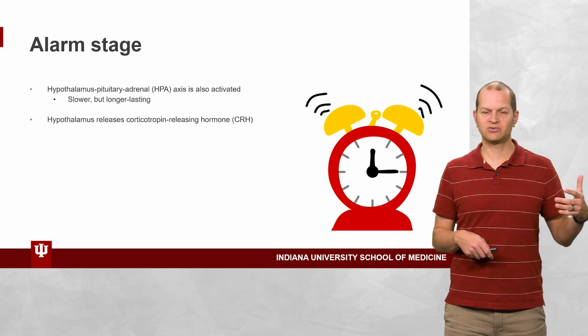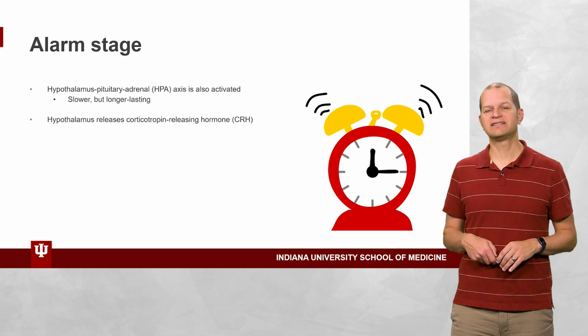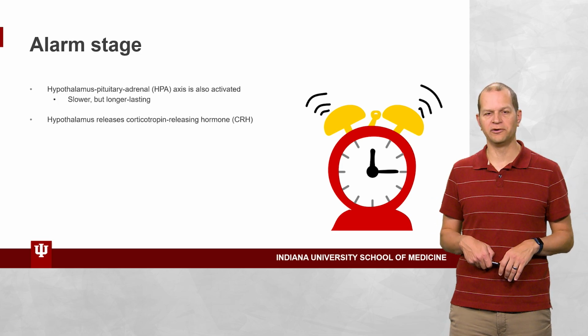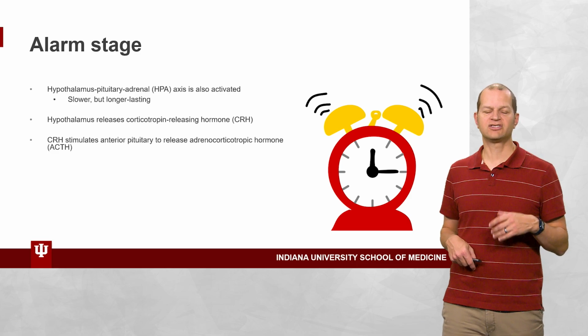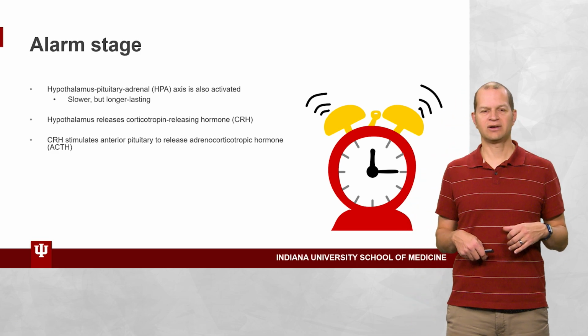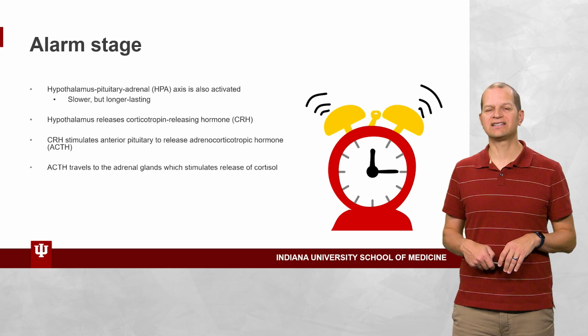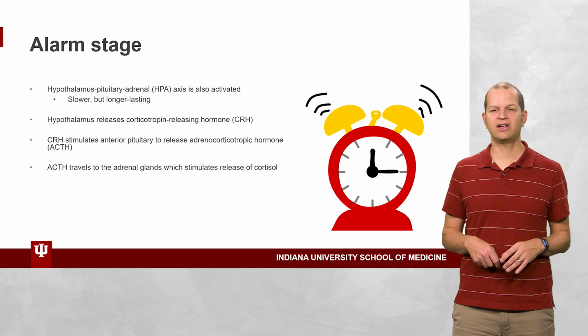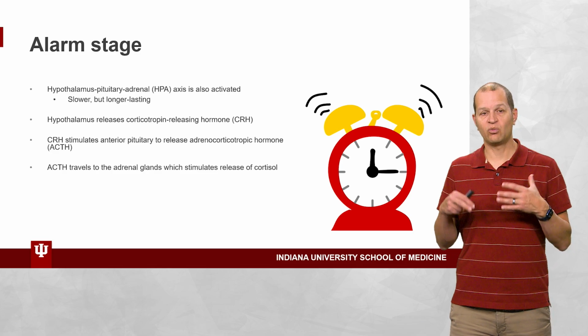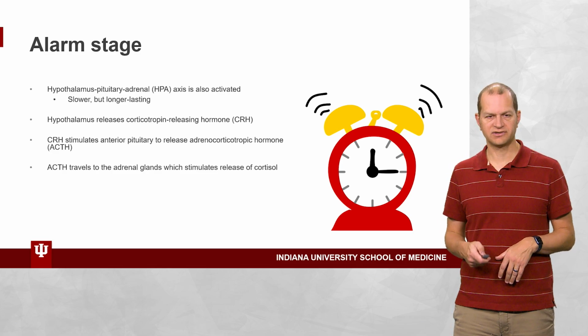So this starts, as we talked about earlier, with the release of corticotropin-releasing hormone. CRH causes the release of ACTH, and ACTH comes from your anterior pituitary, and ultimately ACTH causes the release of cortisol from your adrenal gland. We've talked about all 3 of these hormones.